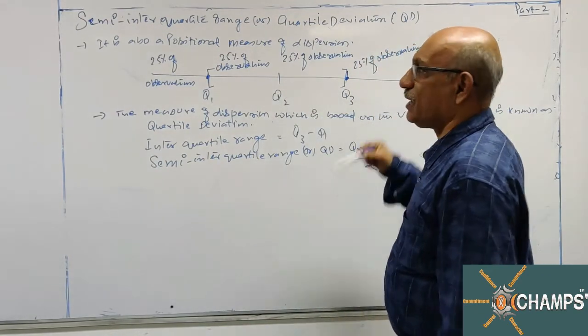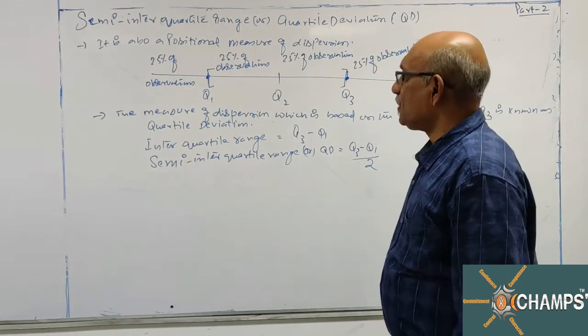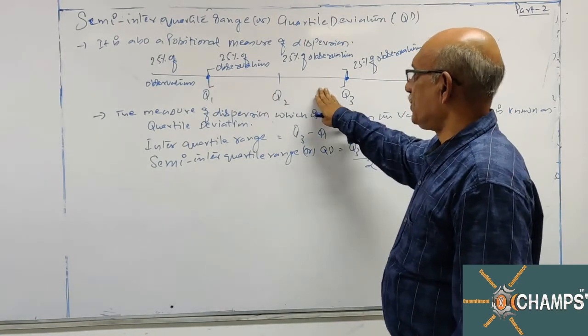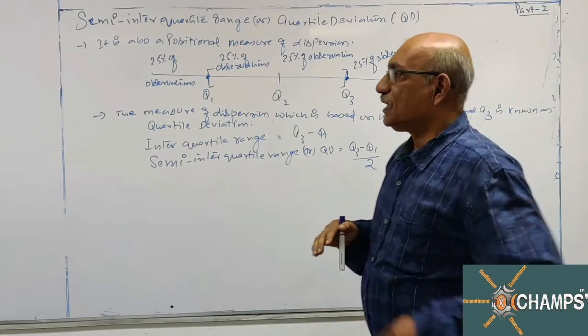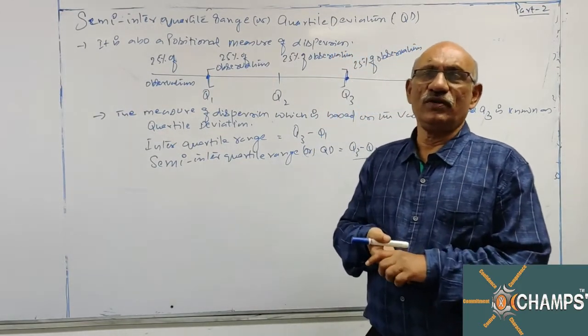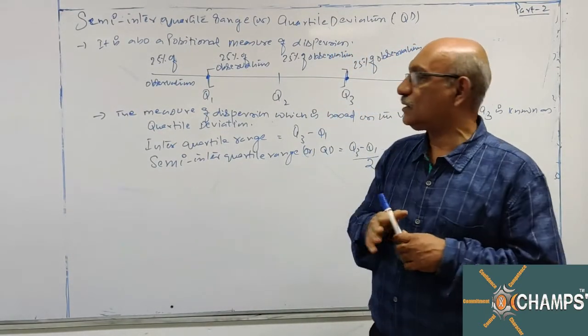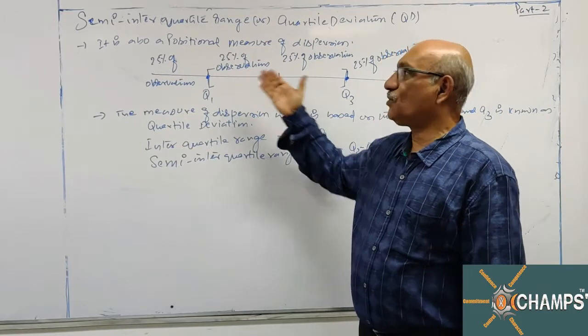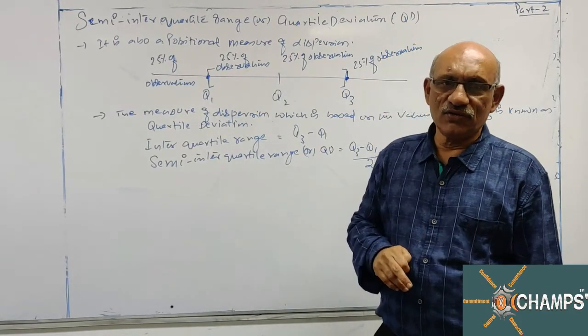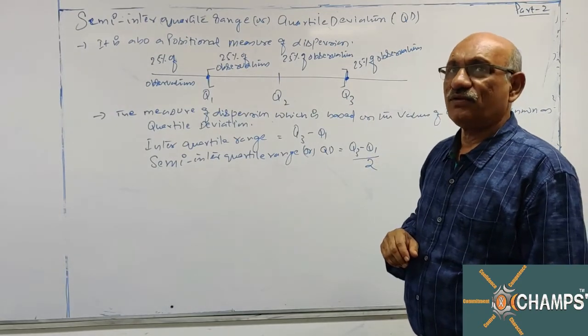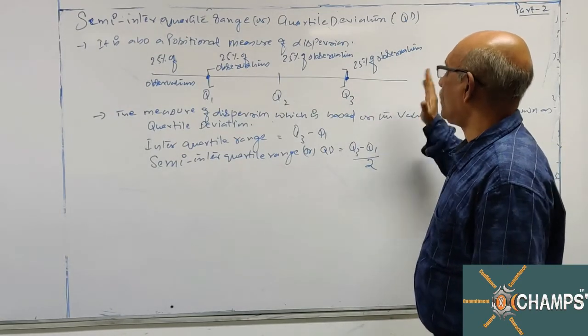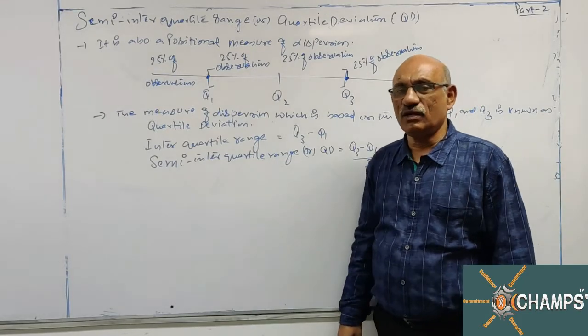When we represent them on a number line, you have this imaginary figure, Q1, Q2, Q3. 25% of the observations we have from the beginning to Q1. Between Q1 and Q2, 25% of the observations. Between Q2 and Q3, again 25%. After Q3, it is 25% of observations.